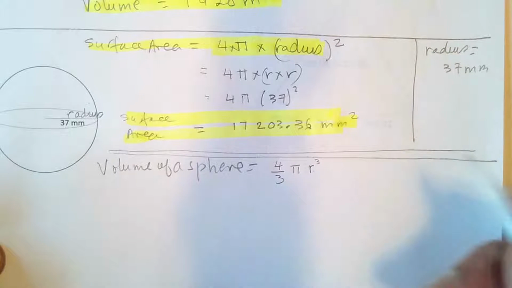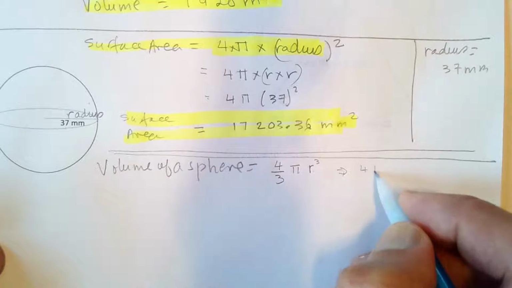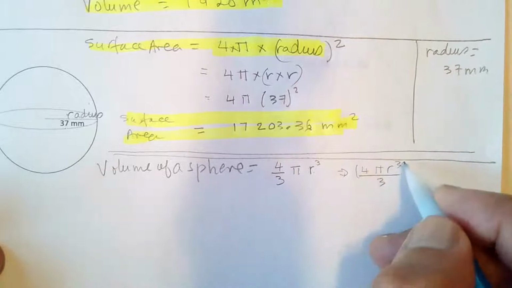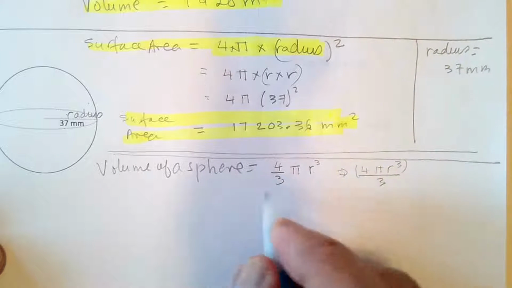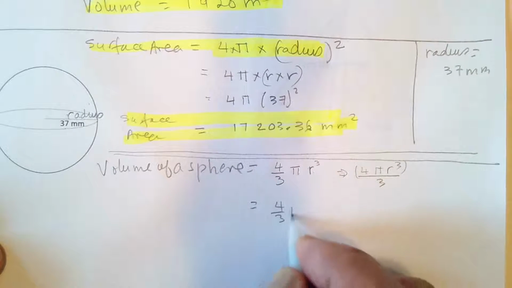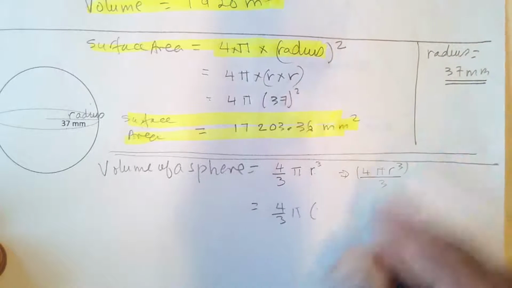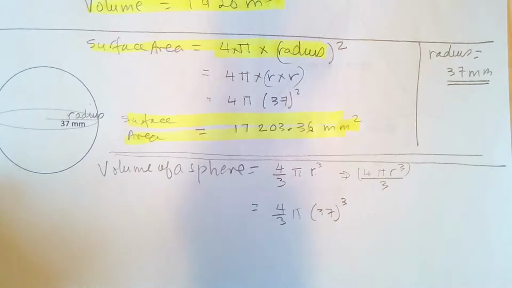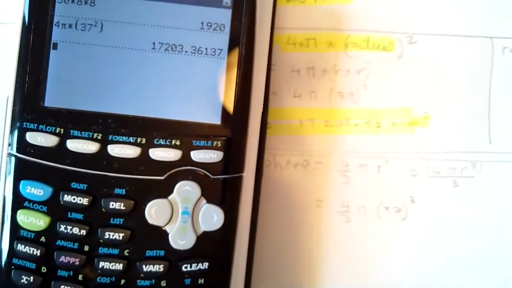So we need our radius. That's the only dimension. This also could be written as 4 times pi r cubed divided by 3. And you look at the bracket around that, which is 4/3 pi, and the radius we know here is 37 cubed.